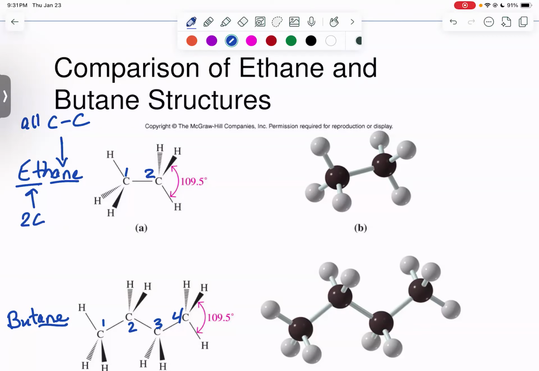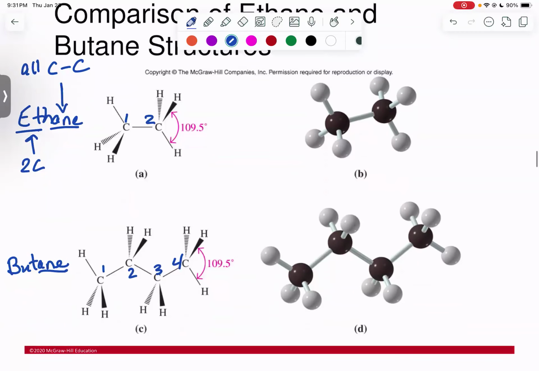Okay, so each of the carbons that participates in these 4 single bonds has a tetrahedral shape. And so if we start adding a bunch in line, like if we come down to butane down here, we can see this results in this kind of zigzaggy shape, which is why when we draw line diagrams, we draw this up, down, up, down, up, down, up, down.